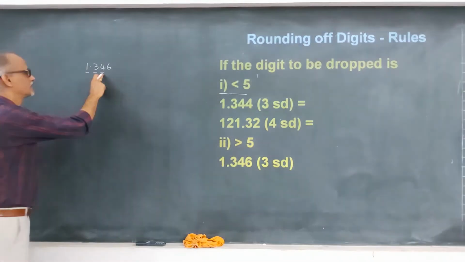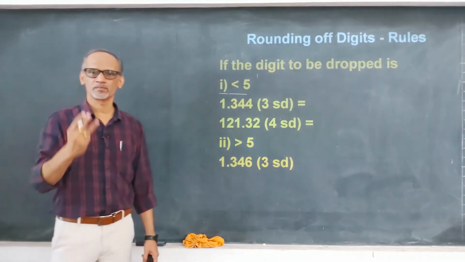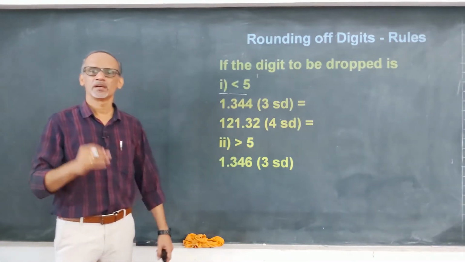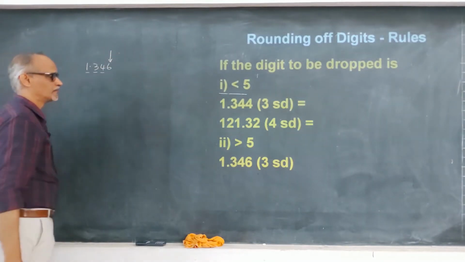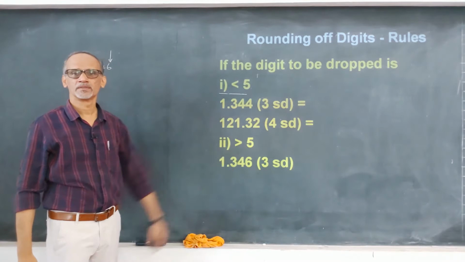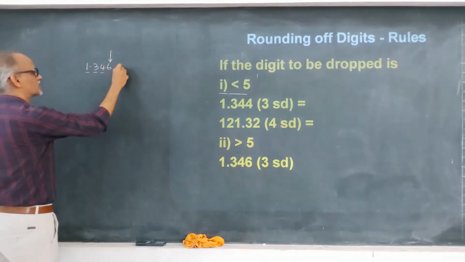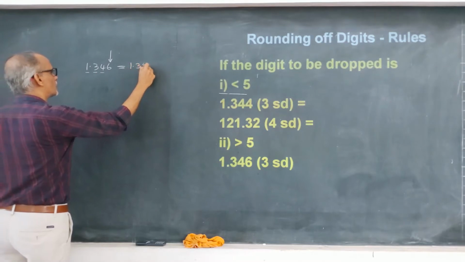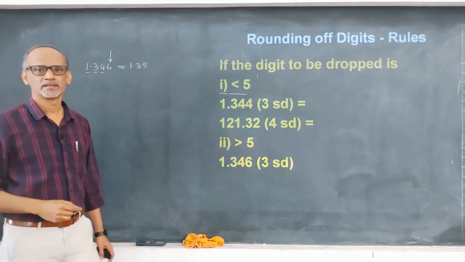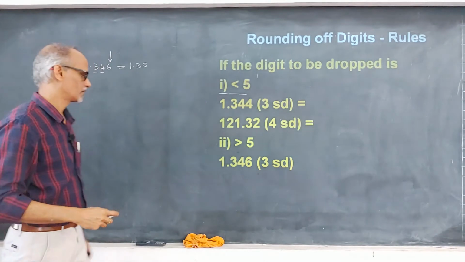So this digit is the one to be dropped, which is more than 5, you can check. So, what does the rule say? Increase the previous digit by 1. Therefore, the answer is 1.35. Okay, the next one.